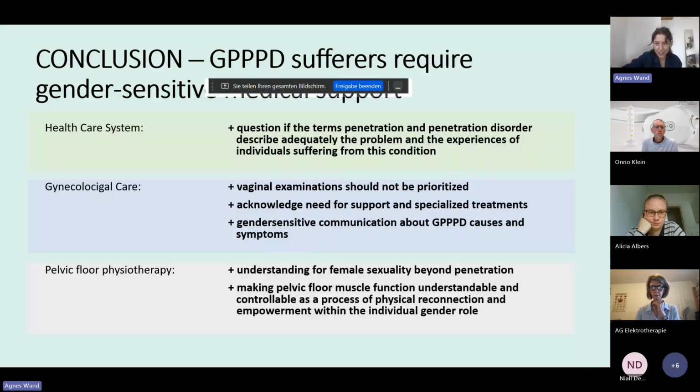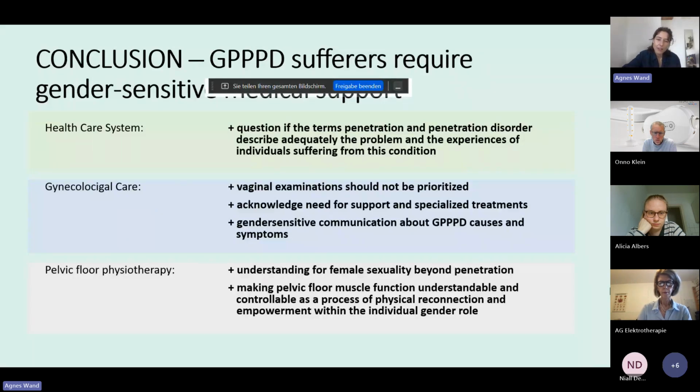suffer from these conditions. For example, we can create an understanding of female sexuality beyond penetration. We can explain the anatomy of the clitoris. We can explain how sexual arousal works in a physical way, and make understandable that penetration and vaginal insertion is actually not needed at all for sexual pleasure.